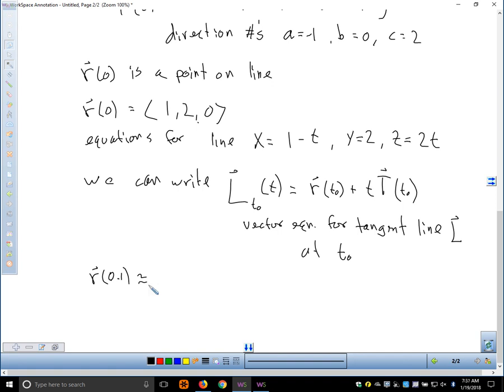So we get 1 minus 0.1, so we get 0.9, 2 because y is constant, and 0.2. So that would be the tangent line approximation for that value. All right, we good there?